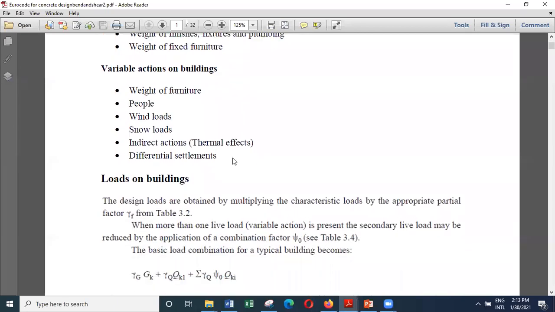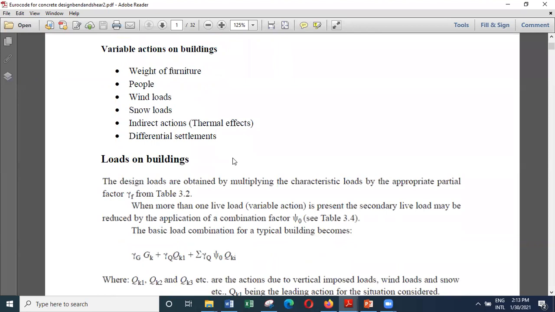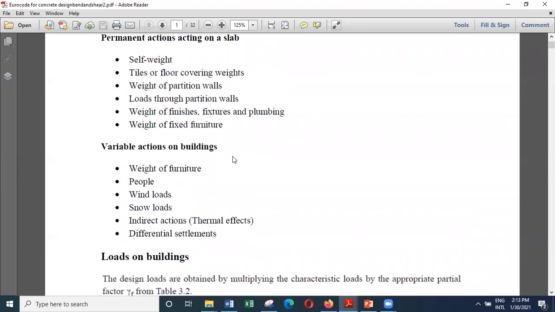So when you look at loads on a structure, to get the most critical combinations, we have to combine the permanent actions and the variable actions. And when you are combining, there is a possibility that the vertical loads, like the weight of furniture, people, which are acting in vertical direction, may act simultaneously with the lateral loads, like wind loads or even earthquake loads.